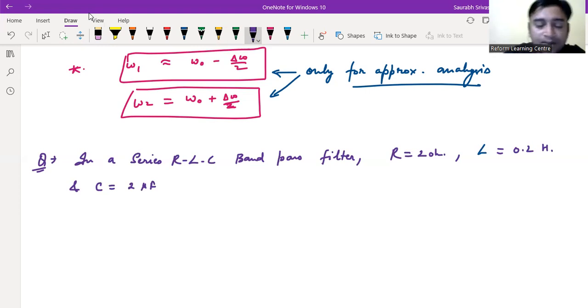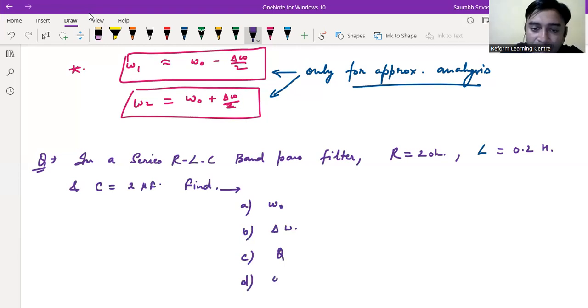Find: A, omega naught; B, delta omega; C, quality factor; D, omega 1 and omega 2.